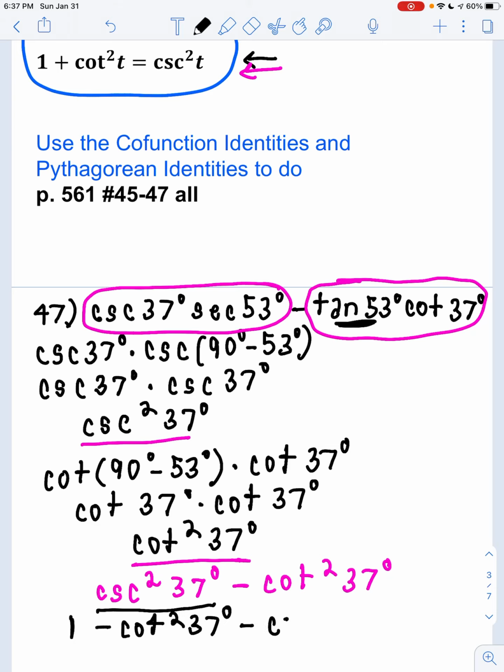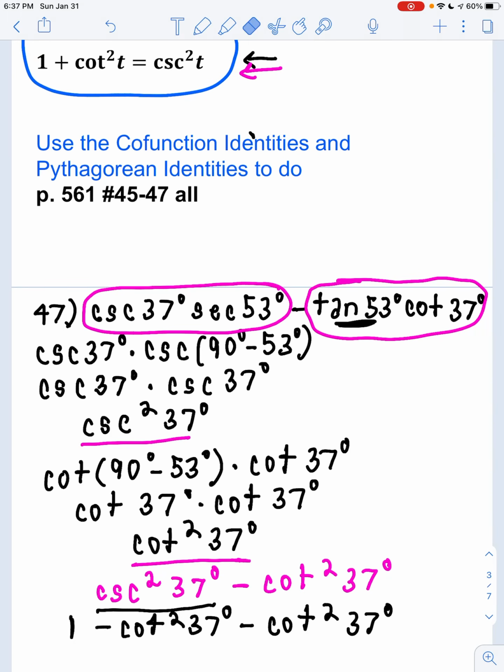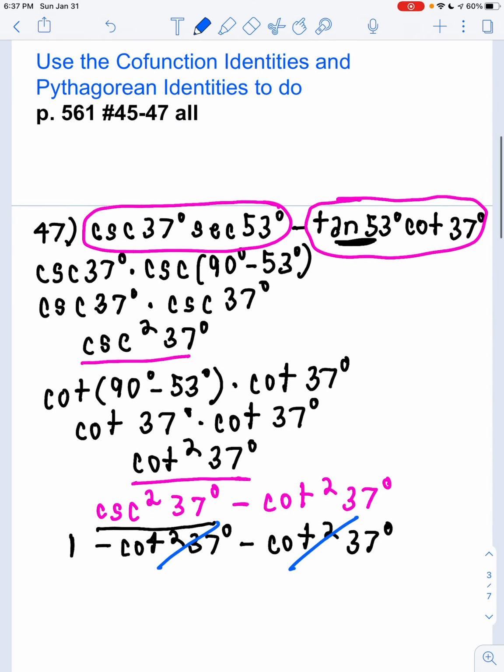And then I still have minus cotangent squared 37 degrees. Now, the beauty of this is I can have some cancellation happen, and cosecant squared 37 degrees minus cosecant squared 37 degrees can cancel out, and that all equals 1.